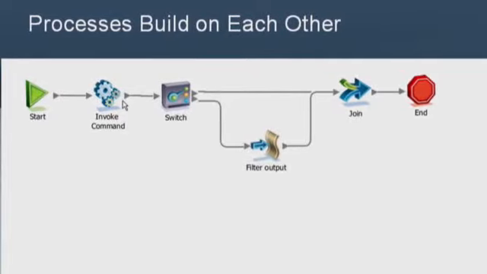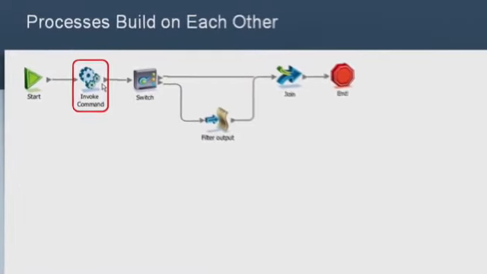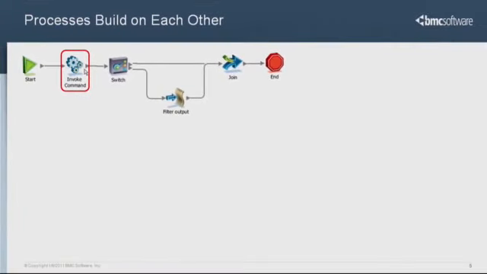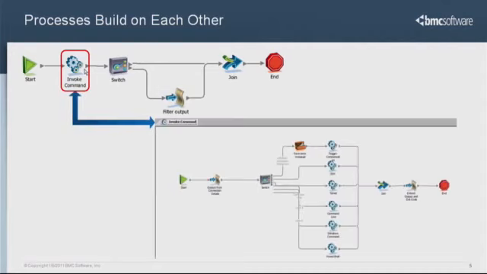The processes are ultimately built using all of these tools, these activities within BMC Atrium Orchestrator. Although you may notice that there are some activities that don't come from the tool set. These activities are references to other processes that have been built, because within Orchestrator, the processes build on each other.